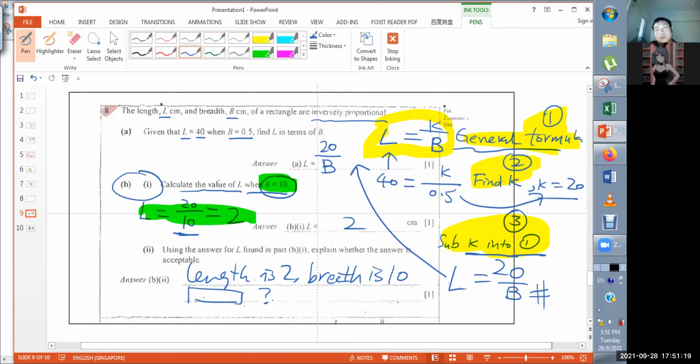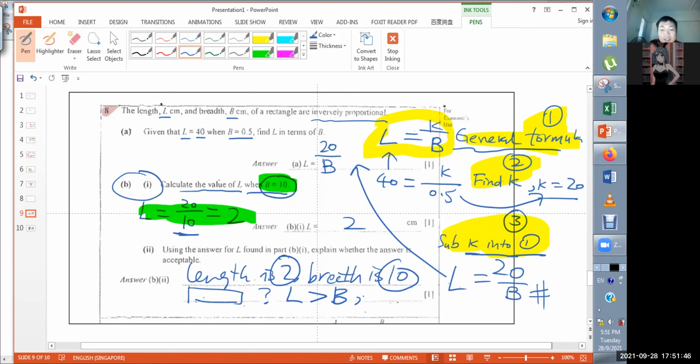Can I ask you, is the length supposed to be longer than the breadth, or is the breadth supposed to be longer than the length for a rectangle? Length longer than breadth. Very good. So length has to be longer than the breadth. Therefore, in this case, it doesn't make sense. Length is only 2, breadth is 10.